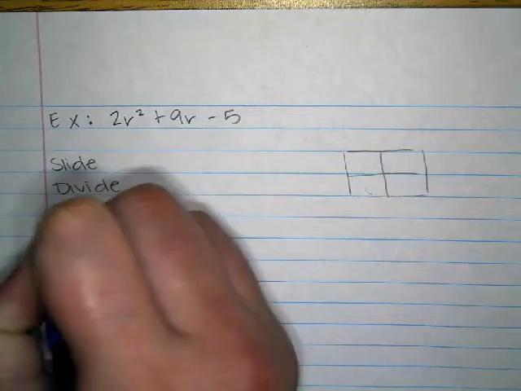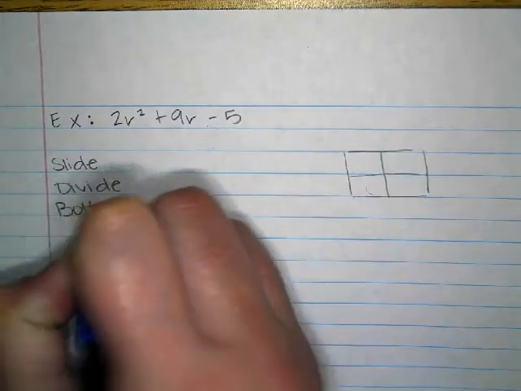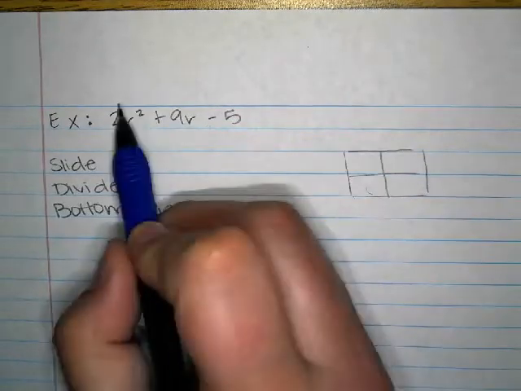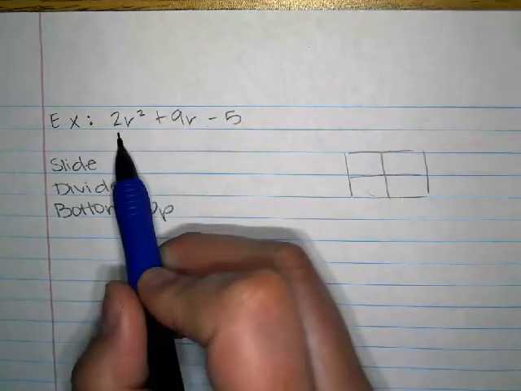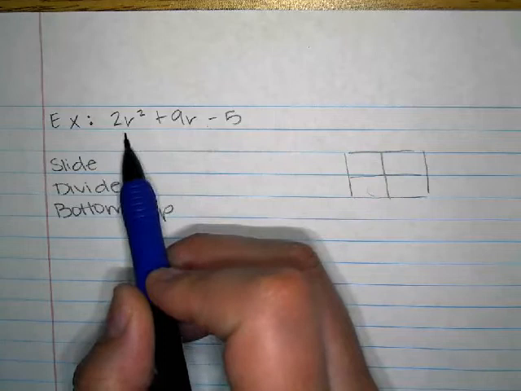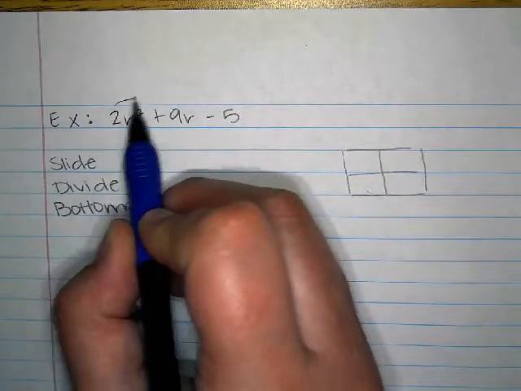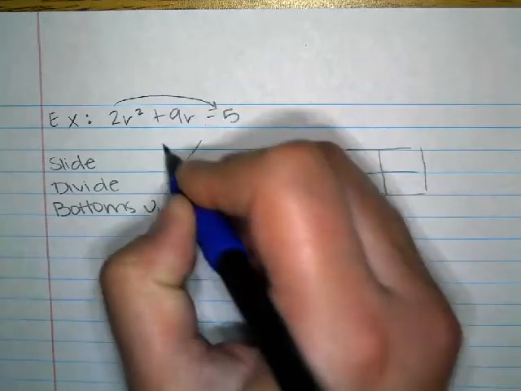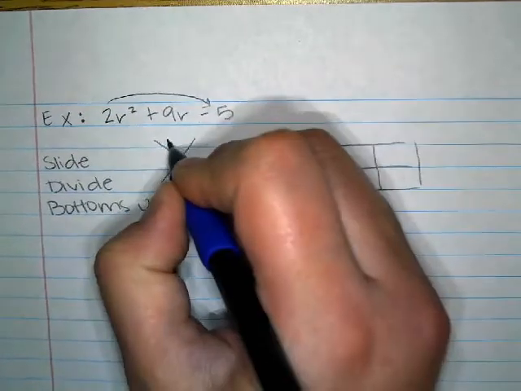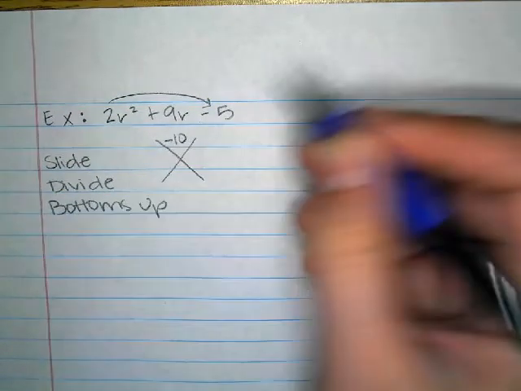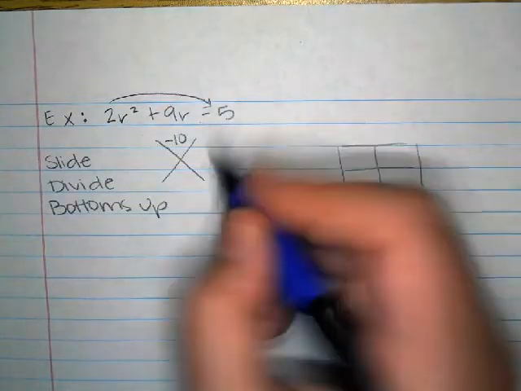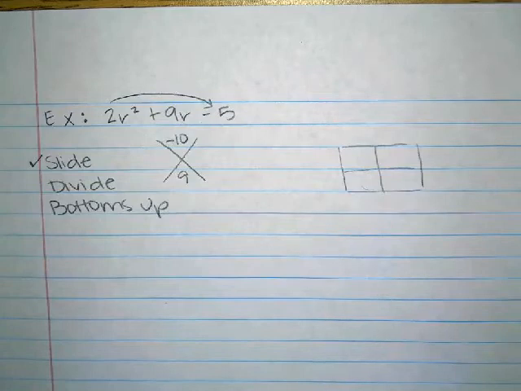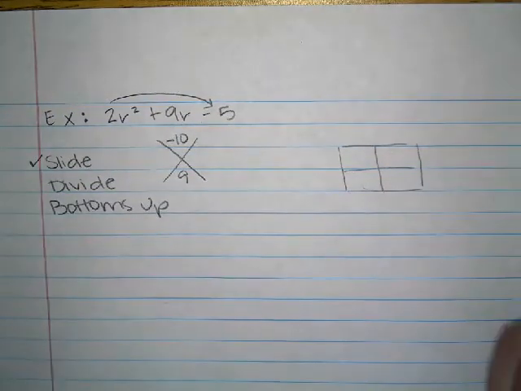So the first thing we do is we say, okay, there's a number in front of the squared term, so we're going to have to take this number and slide it over. So I'm looking for two numbers that multiply to negative 10 but add to 9. And I need you guys to do your little calculator trick.